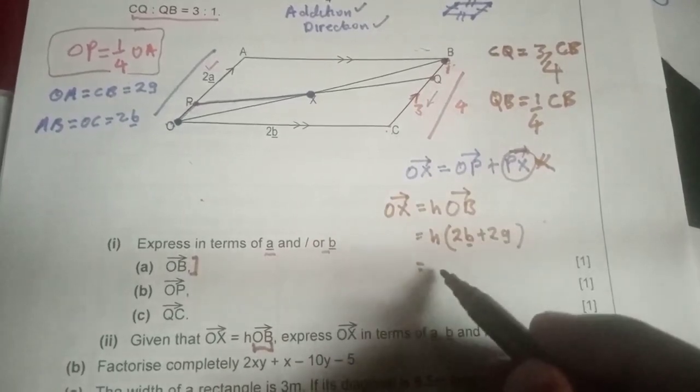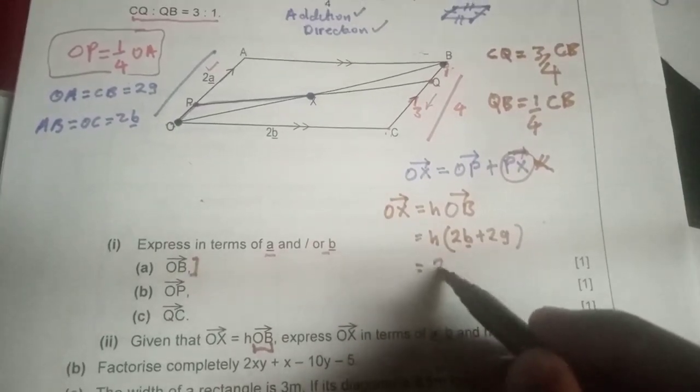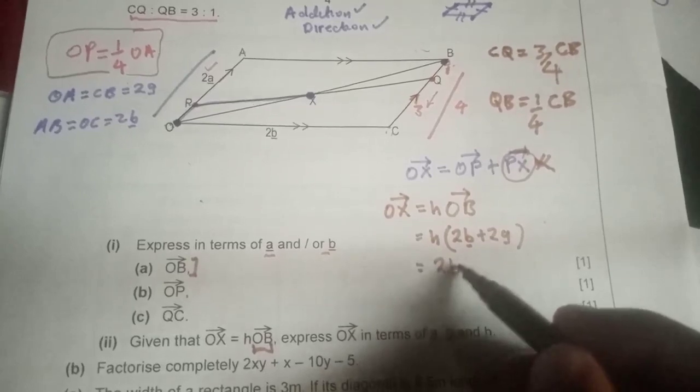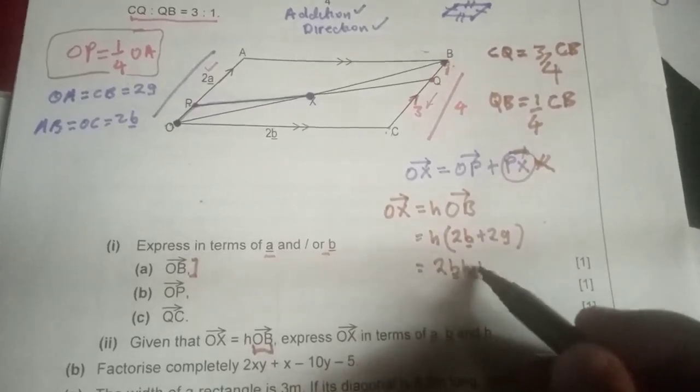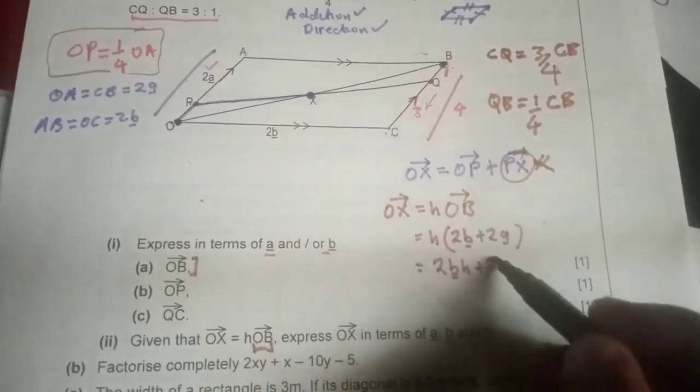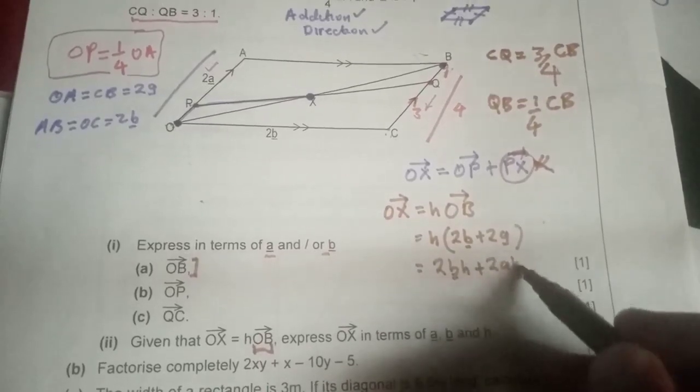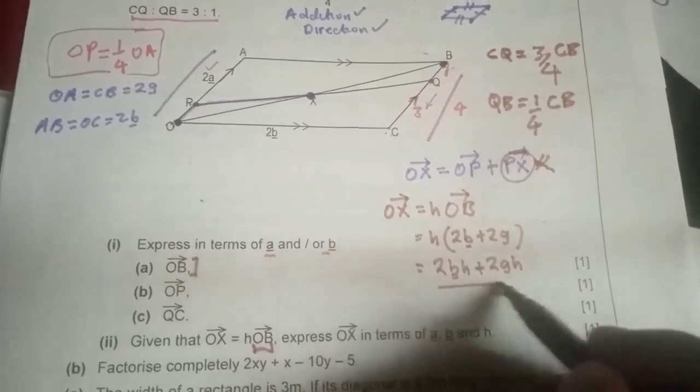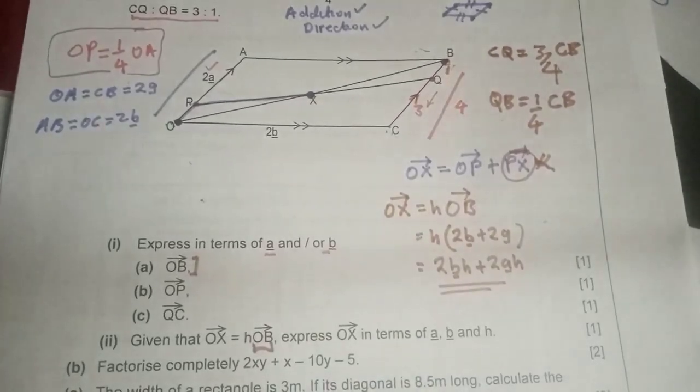H times 2B is 2B H, plus H times 2A is 2A H. And this is our OX. As simple as that. So I hope you've been able to learn something in this video.